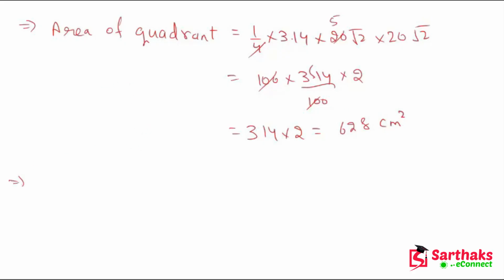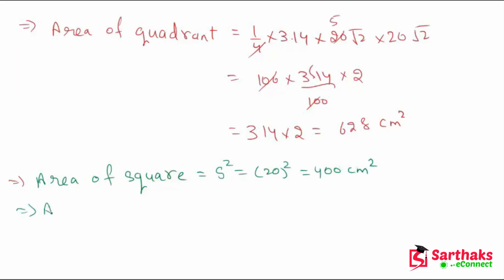Now we have to find the area of the square. Area of square is side square, and the side is 20 square. So we get 400 centimeter square. So the area of the shaded part is what?